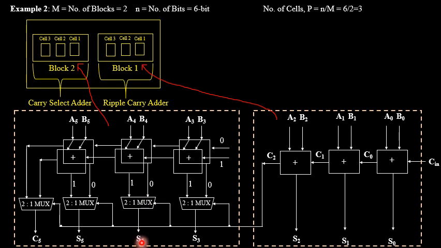Sum S4 is generated, carry output C4 is getting generated. Again, this is not the end of the block. Still I have one more cell, that is cell 3. So I am not using any sort of multiplexer for this particular carry output. Rather than that, directly apply that as the carry input for the next stage. Can be either 0 or 1. Then apply to one more carry select adder cell, that is cell 3.